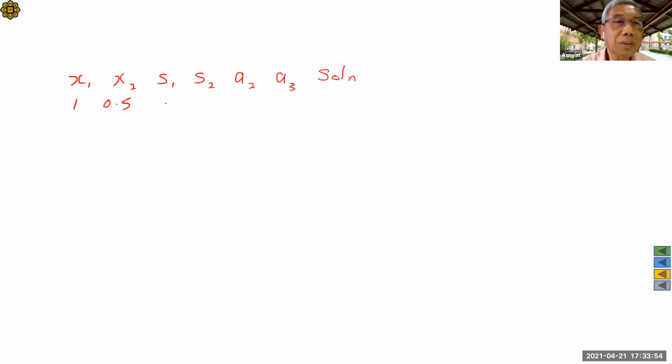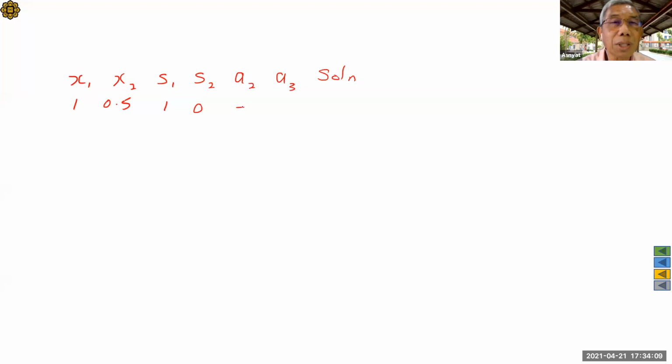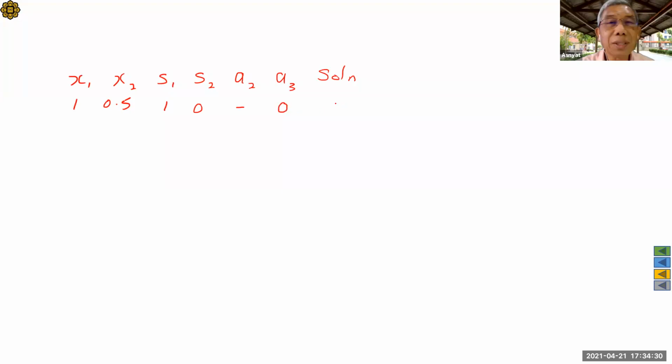I'll try to do it faster. 1, 0, 1, 0. This one is 0, no need to think about it. Remember A2, we want to forget about him already. So for A2, no need to think about it. I'll put a dash here, not a minus. A2 has already left. So A3 is 0, then the solution is 10.